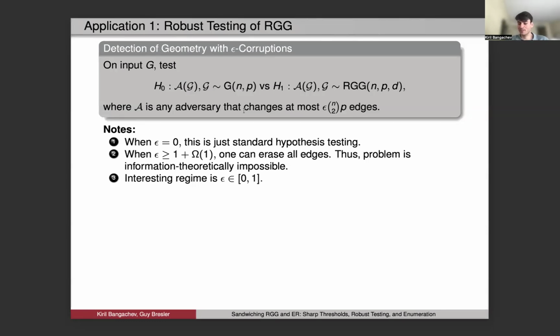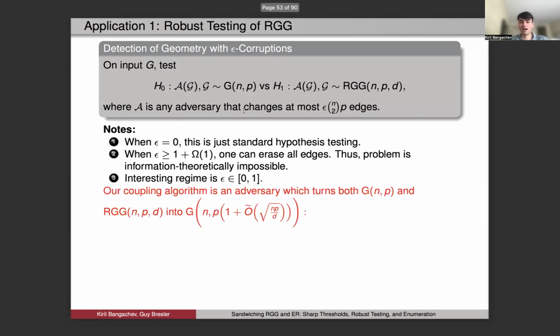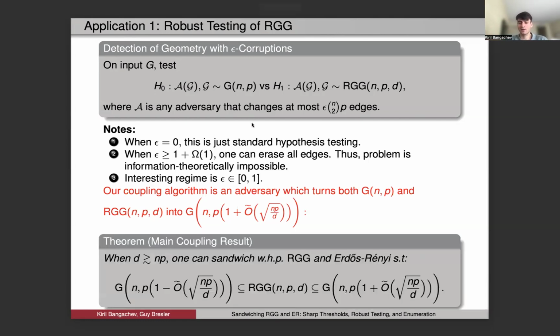And this is the problem we study, and observe that actually our coupling of both G(n,p) and RGG to the Erdos-Renyi with slightly higher edge density are actually adversaries, right? So if we start with a random geometric graph, we know that we can add just a few edges and transform it into an Erdos-Renyi with higher edge density.